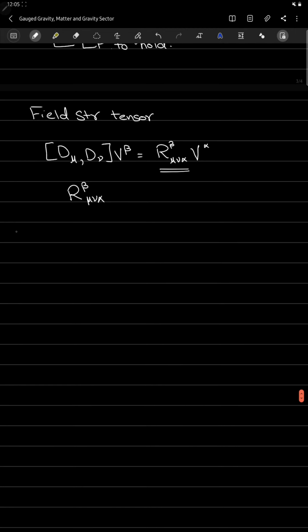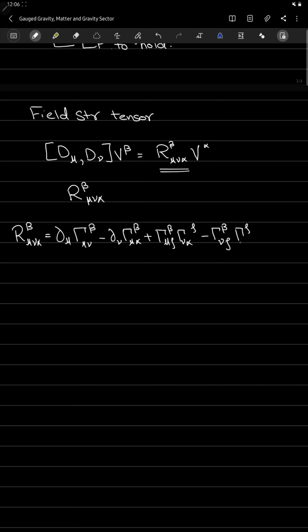But the expression for this, by using the above equations as well, I can write down in terms of the Levi-Civita connections as ∂_μ Γ^β_{να} minus ∂_ν Γ^β_{μα} plus the Christoffel symbol Γ^β_{μρ} times again the Christoffel symbol Γ^ρ_{να} minus Γ^β_{νρ} times Γ^ρ_{μα}, right?